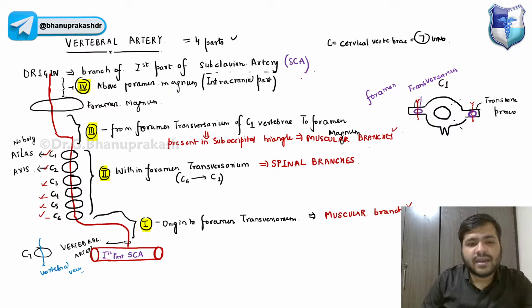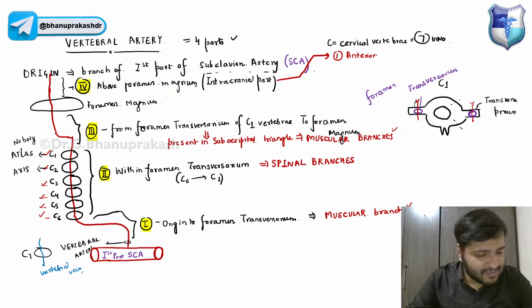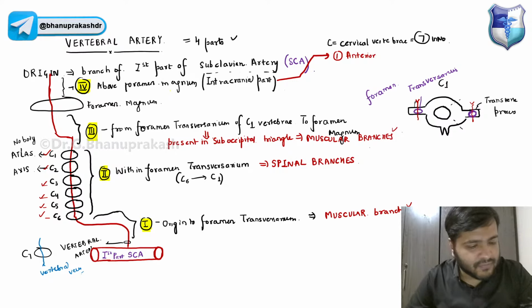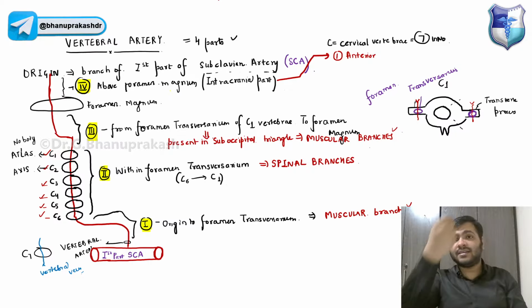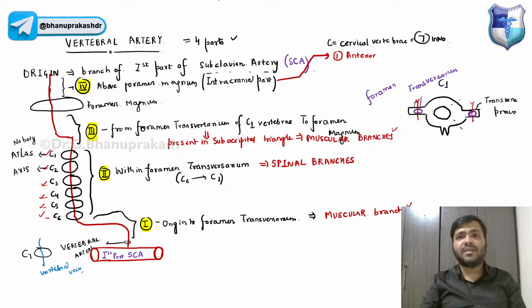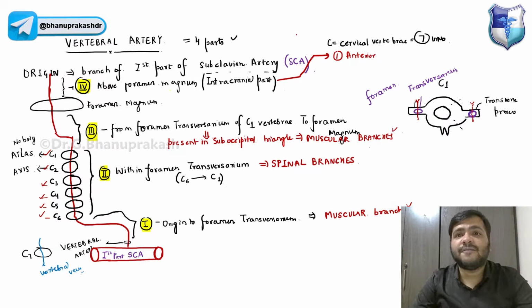And the fourth part, guys, is the one which is very, very important. So remember all the branches of the fourth part. We have the anterior spinal artery. We have discussed this in spinal cord supply also. In front of the spinal cord, the artery goes down and supplies the entire cord. It is in the anterior median fissure.